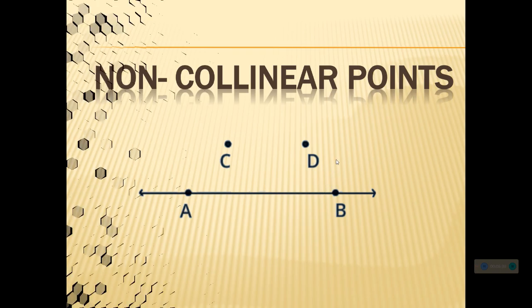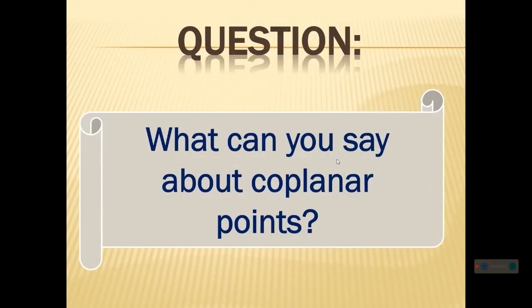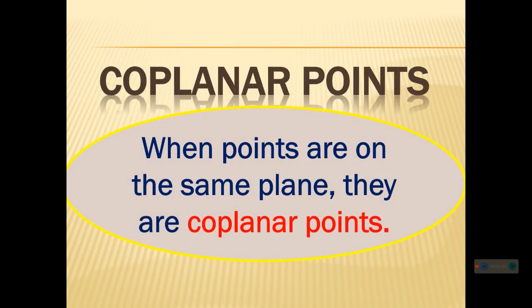Okay. Next question. What can you say about coplanar points? Okay. So when points are on the same plane, they are coplanar points. Okay? From the word plane. So that's why we have coplanar points.